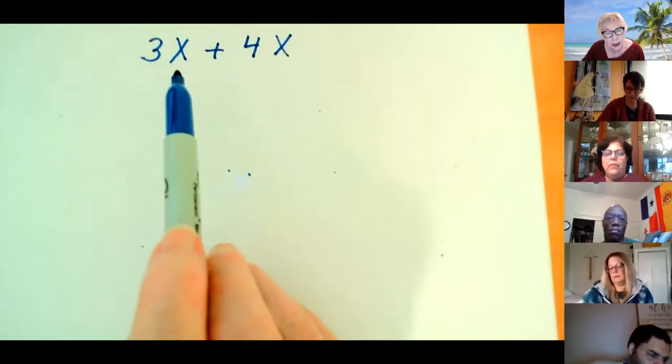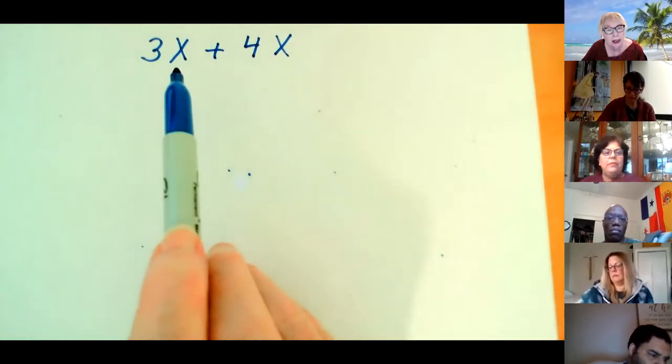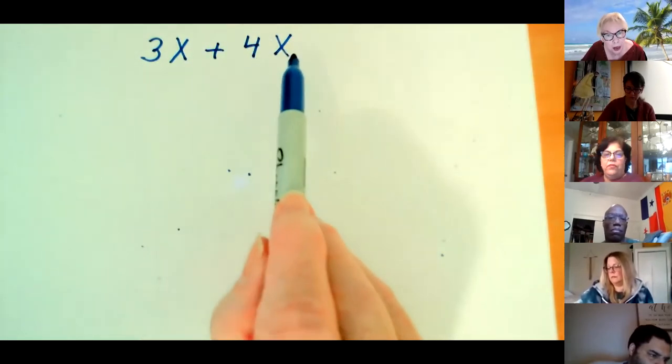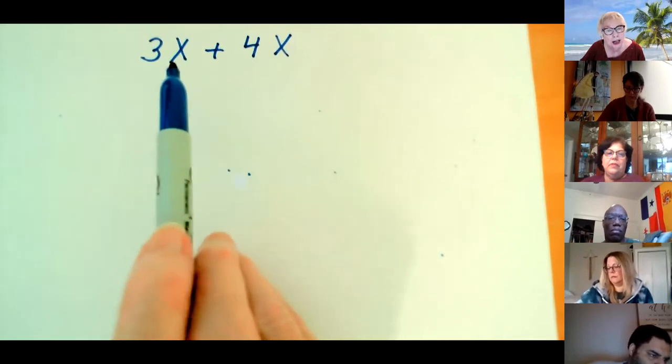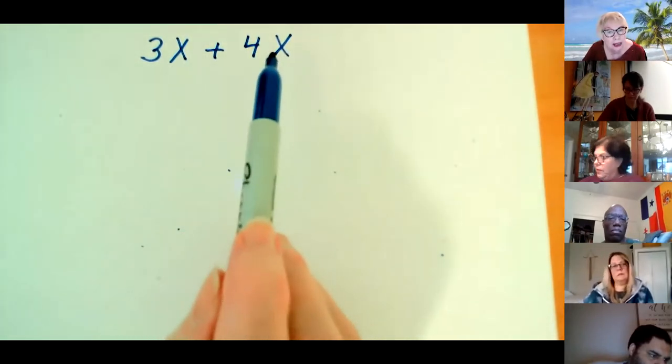Now, the way it translates into algebra, which is where we're headed, is that if this is 3x, 3 times x, and then plus 4 times x, those are like things because they have the same letter. So that means we can add them.